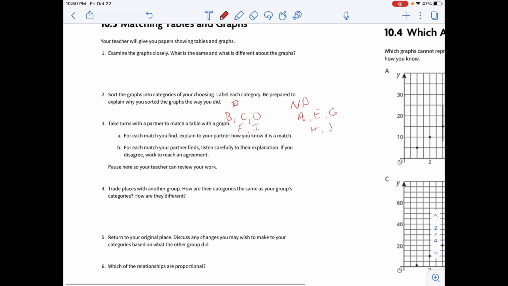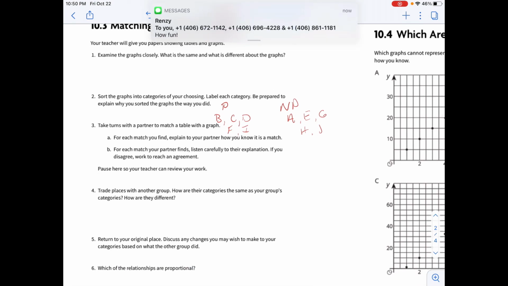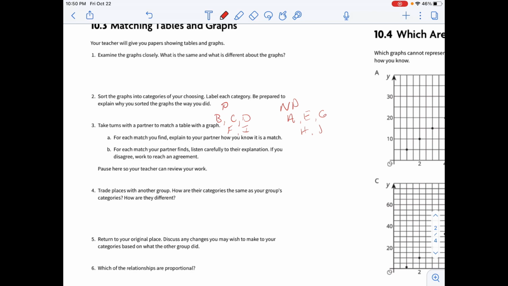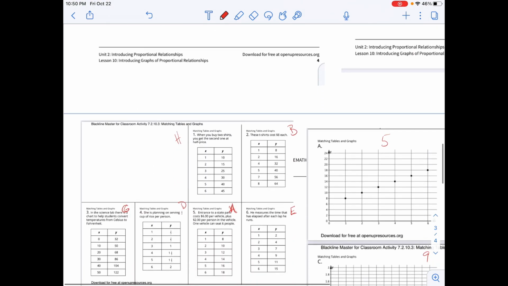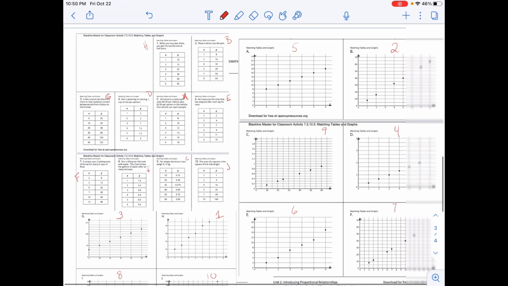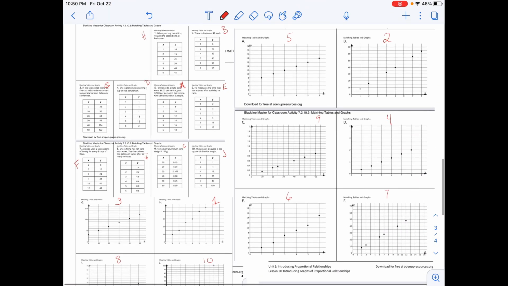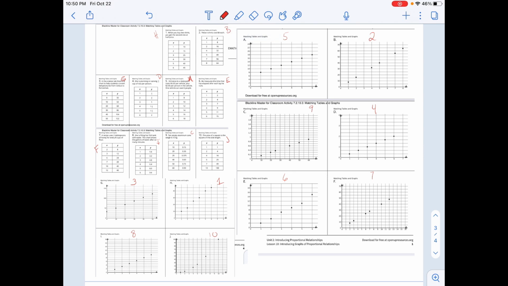Okay, so this next one, it just says to match the graphs with the tables. And so this is a little bit tricky. You got to go down to this page right here. And here are the tables, and then we match them to the graphs. So I've already done it.